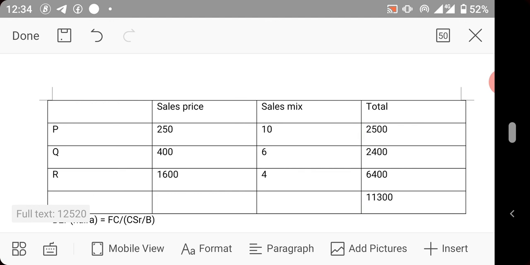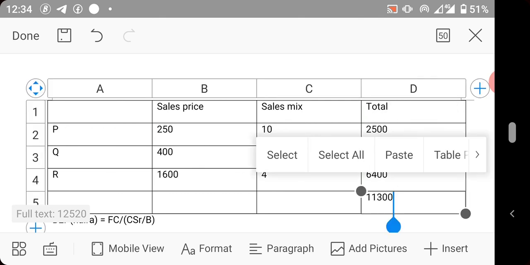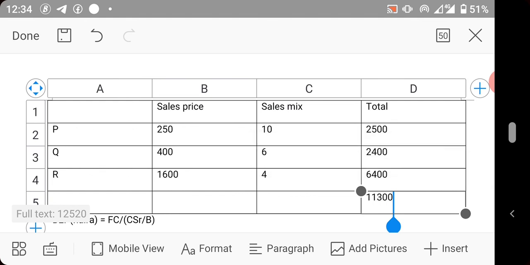The sales price for Q is 400, and the sales price for R is 1,600 naira. So when you multiply by the sales mix which was given in the question, you would have these values, and at the end of the day, we're going to have a sales price per batch of 11,300 naira, which is important at this point in time.